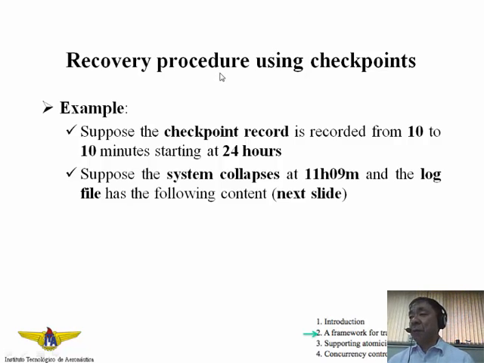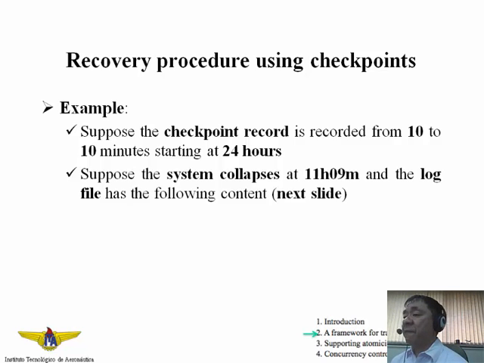I'll show you the recovery procedure using checkpoints, using an example. Suppose that you have a checkpoint record that is recorded at 11 o'clock. Suppose that the system crashes at 11:09.